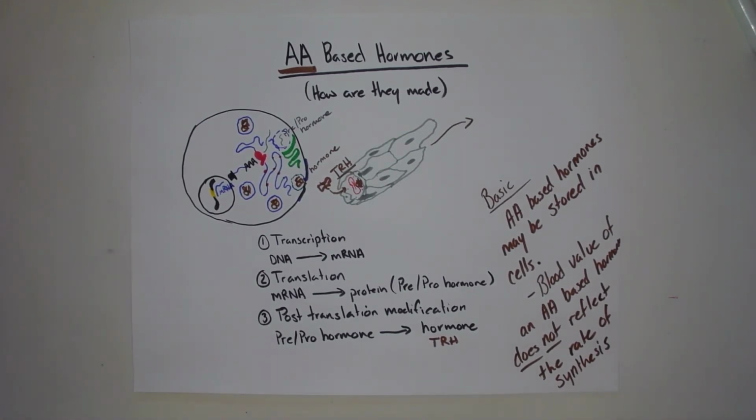We're going to see that the opposite is true for steroid-based hormones. Again, you can reference your textbook for additional details if you'd like, but I'm just keeping it quite simple here.